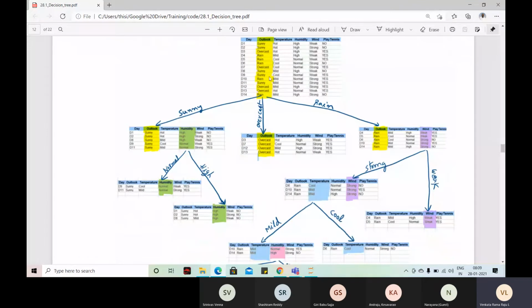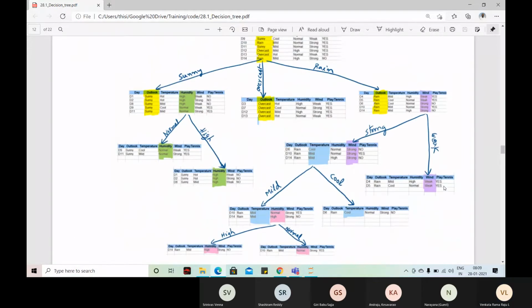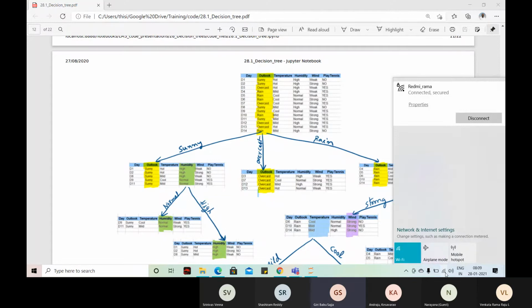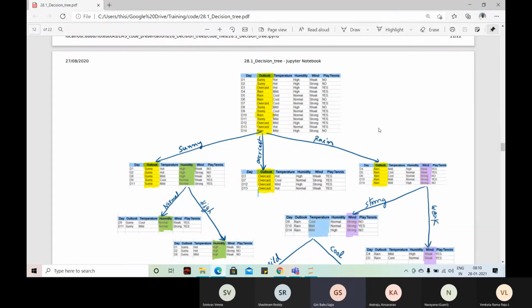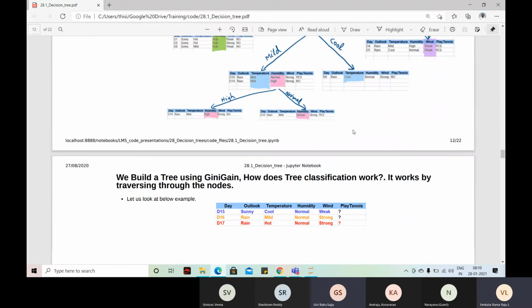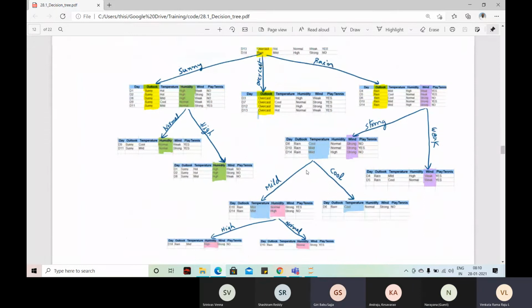But if you take train data, any record from the train data set, will you be able to make prediction 100%? May not be, sir, because there are some cases where we got mixed results, not pure categorization. But the tree was made using this train data, so we will be able to make predictions on all the records present in train data.